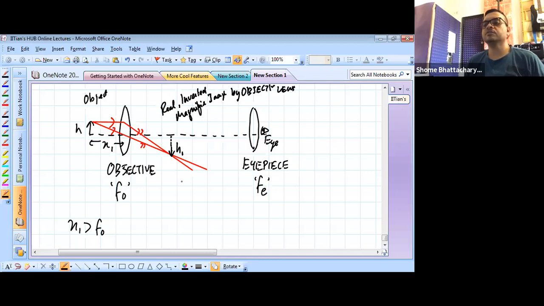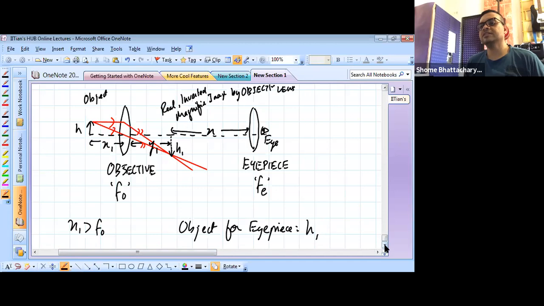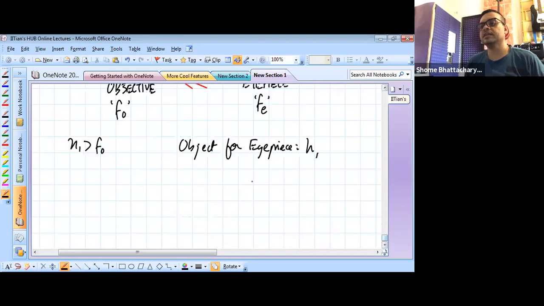Now this one actually becomes also the object for the eyepiece. That is that h prime or that h1. And if the distance of this here is y1, now this distance is, let's say, x. So again, we adjust the distance between the lenses such that x is less than the focal length of the eyepiece.